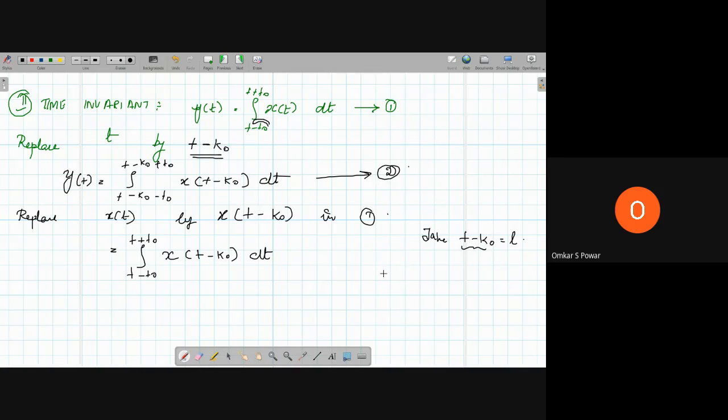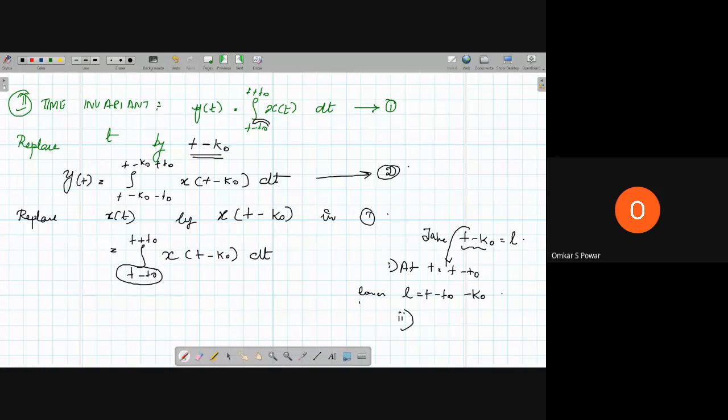So we will solve for the limits. At t is equal to t minus t naught, what will be your value of L? Let us substitute here: t minus t naught minus k naught. So this is the lower limit.